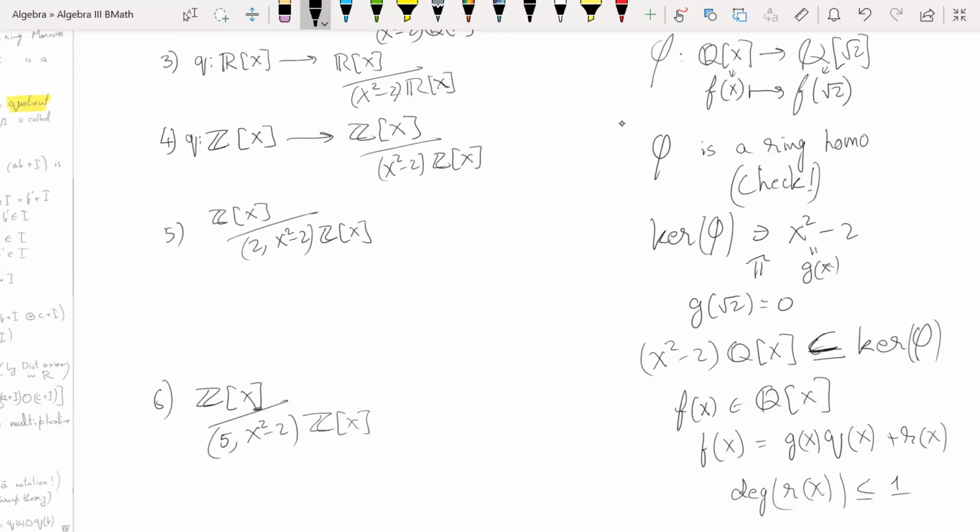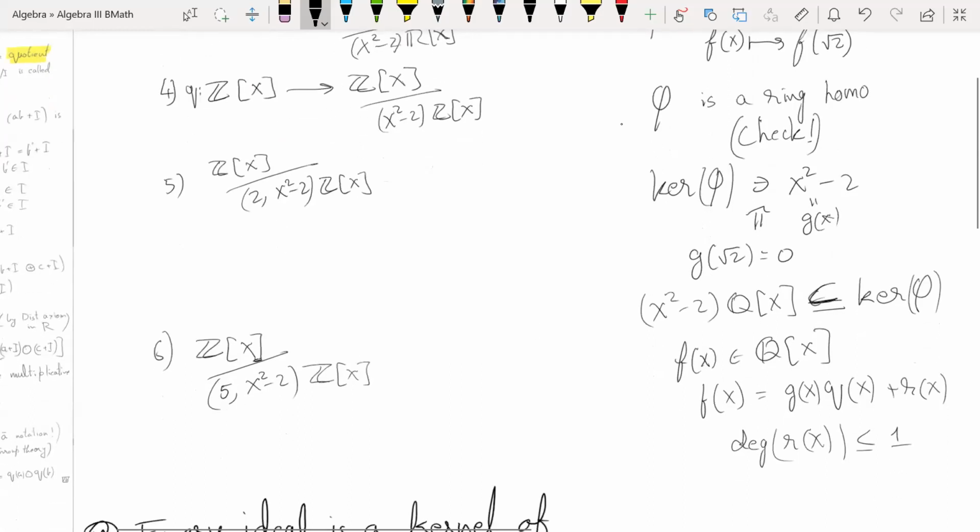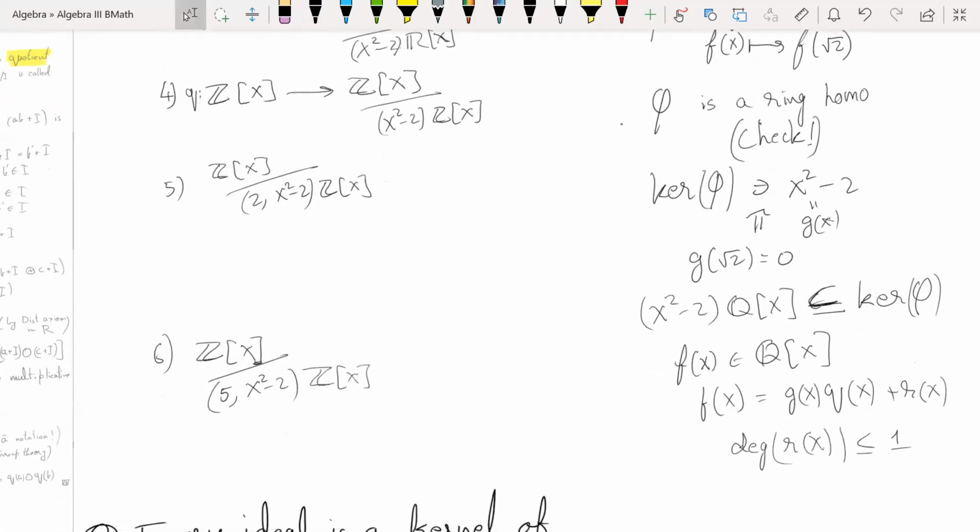It has to be strictly less than 2, so this is less than or equal to 1. We'll talk about this as well later; I'm sort of going ahead and showing you something which you can do after learning about PIDs and Euclidean domains. So that tells you that r has to be a linear polynomial.